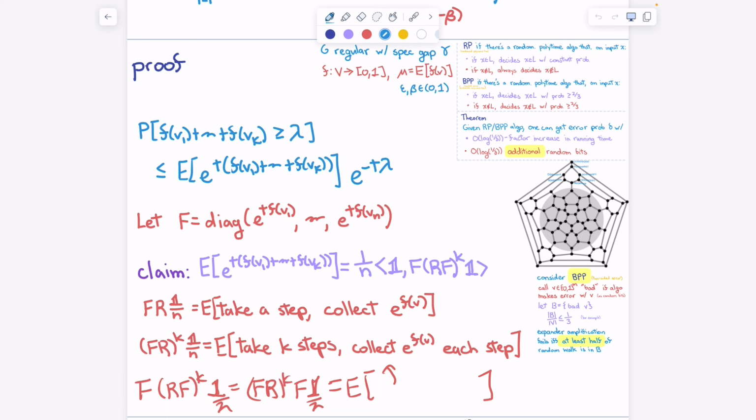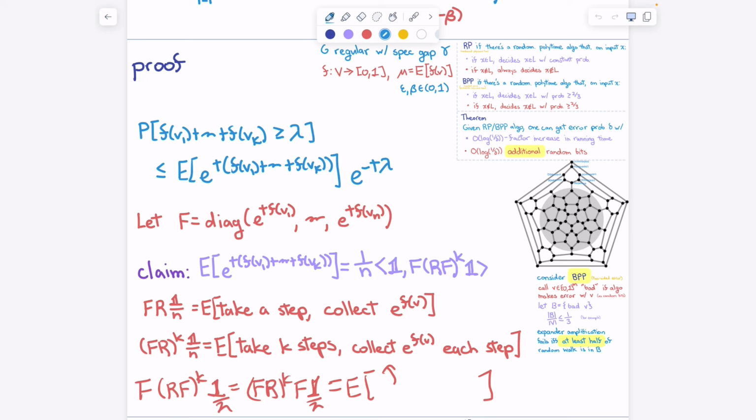Now if lambda is much bigger than your expectation, then you're unlikely to exceed lambda. But you can ramp up Markov to say, if x is smaller than y, then e to the x is much, much smaller than e to the y, right? Because you're going to exponentiate things. And then you apply Markov, and you're getting a little extra juice this way.